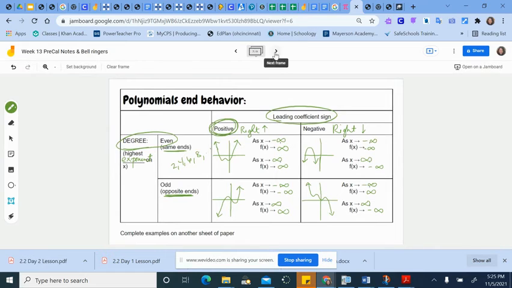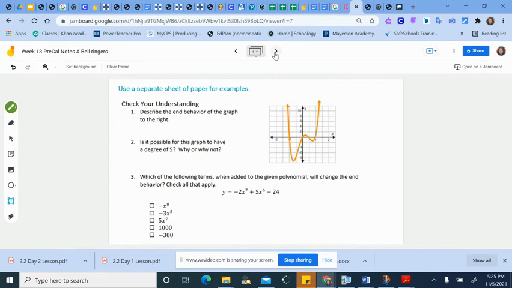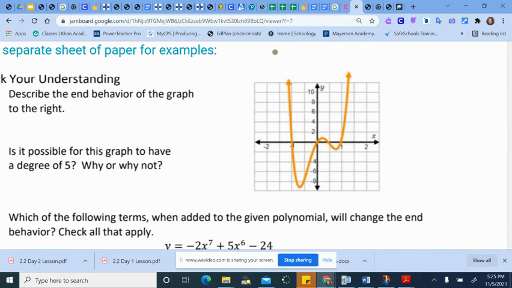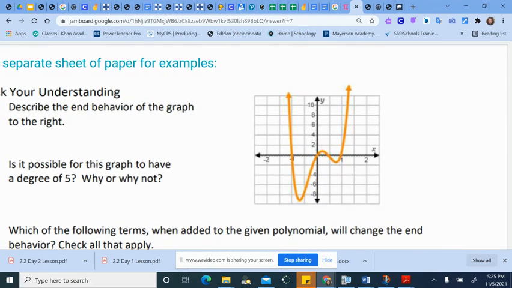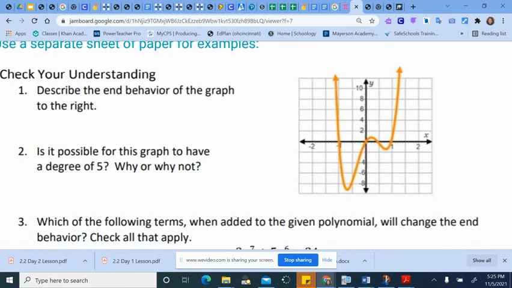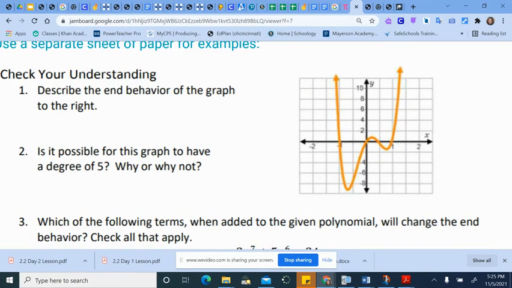Let's actually talk about an example, okay? So describe the end behavior. If you're going to tell me in words, what is the left side doing? Let's just do it that way first. The left is going up.